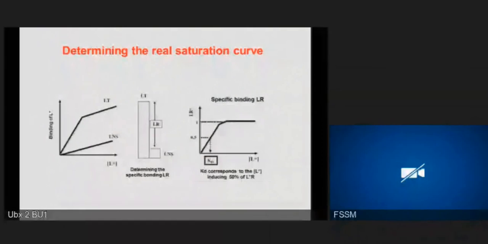Normally you should not have more than 100% because this is the maximal presence of the receptor. And with this, you can directly access the 100% occupancy and the 50% occupancy, allowing you to determine the KD.